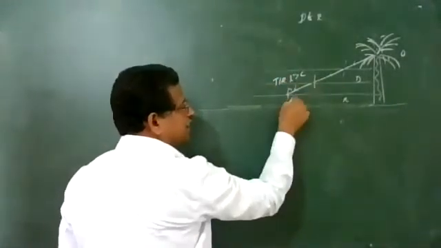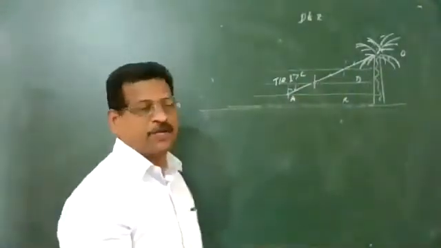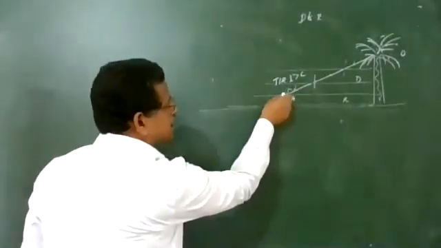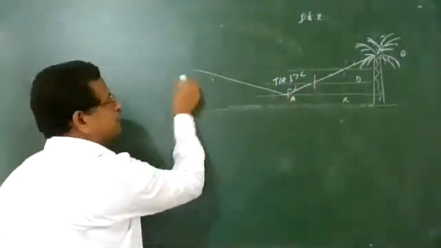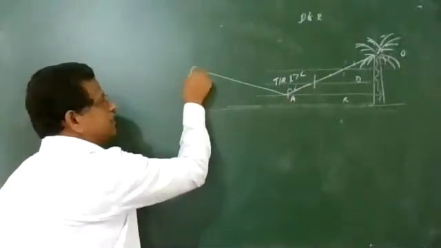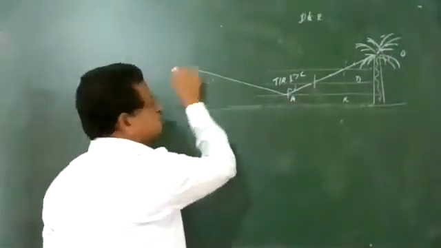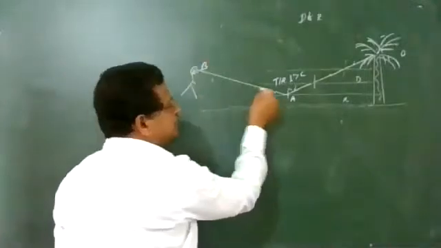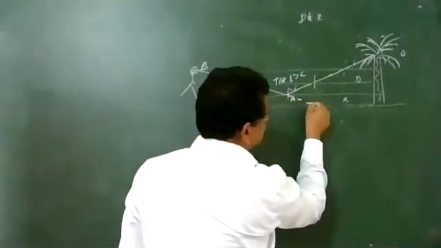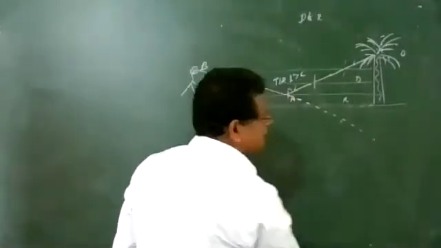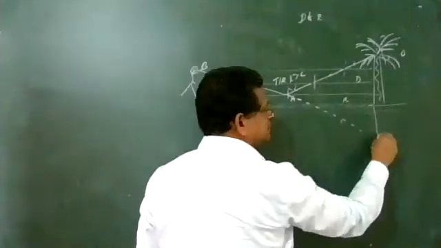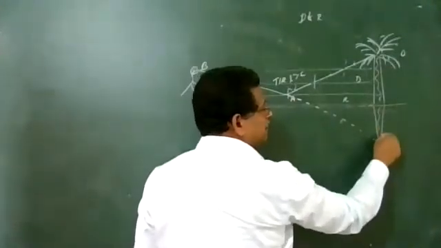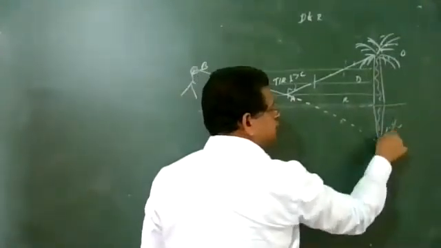I'm marking this point as A. The light ray appears to come from here. This is an observer here, and for the person here, this ray appears to come from here. So here you will get the inverted image of the tree.